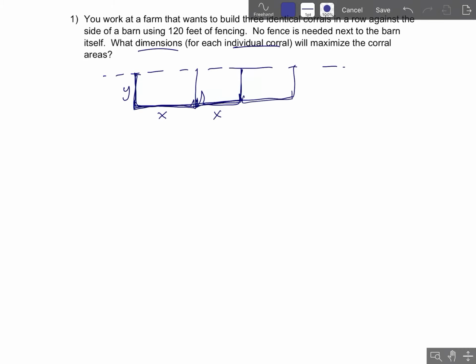And notice that because these are identical corrals, this middle side length would also be x, and this will also be an x. So all 3 of those side lengths are x's, and similarly all of these heights will be y's.